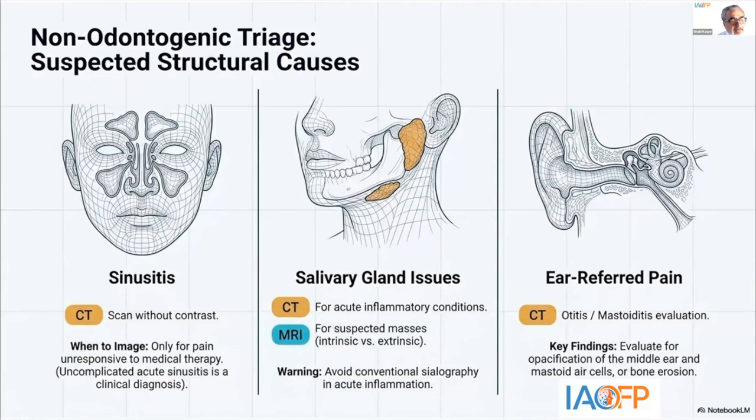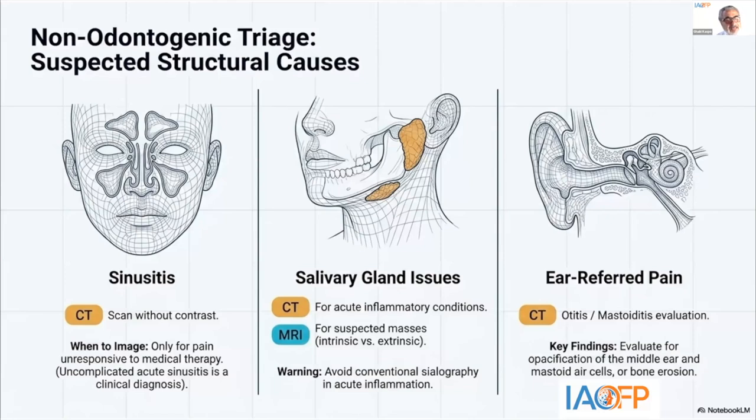In salivary gland issues, CT scan for inflammatory process, acute cases, but when we suspect cancer or masses, then MRI will be the next option. So this is for the otolaryngologist.